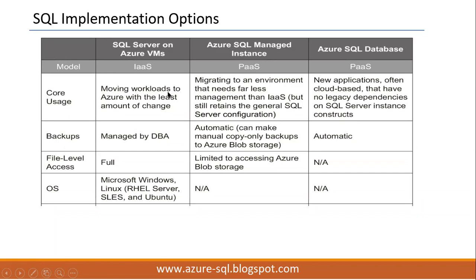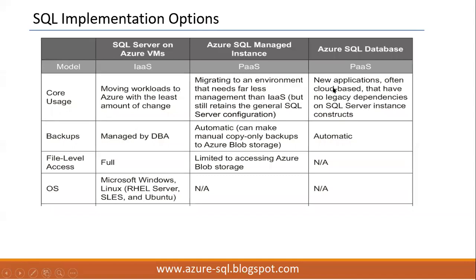Core usage here is moving workloads to Azure with the least amount of change, so we can migrate almost as it is in the case of IaaS. Whereas in PaaS you're migrating to an environment that needs far less management than IaaS, but it still retains the general SQL Server configuration. Its maintenance becomes less here.